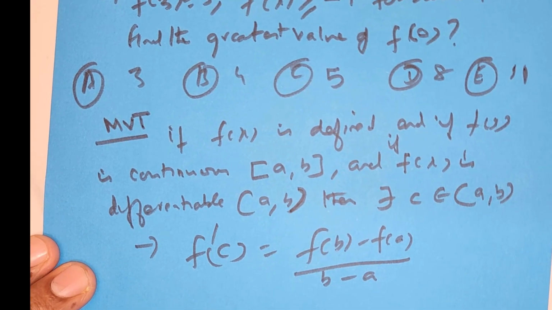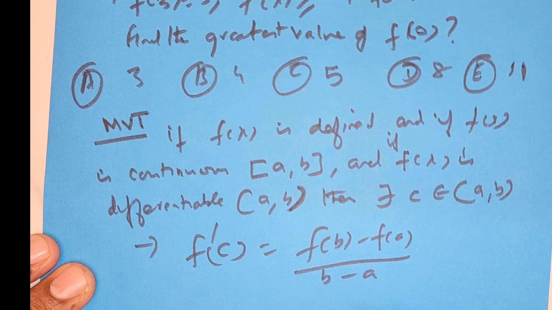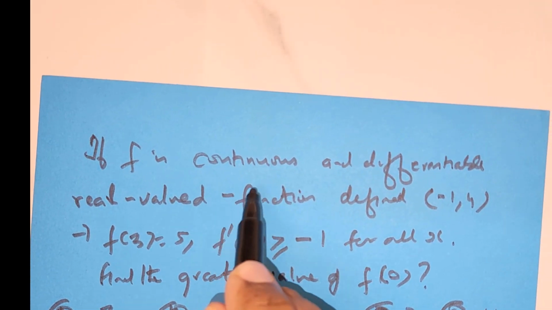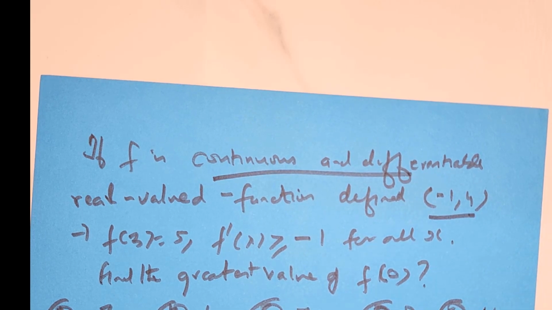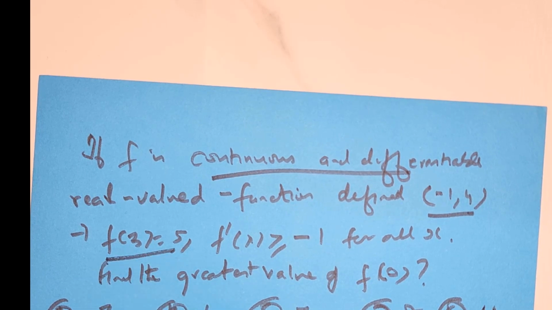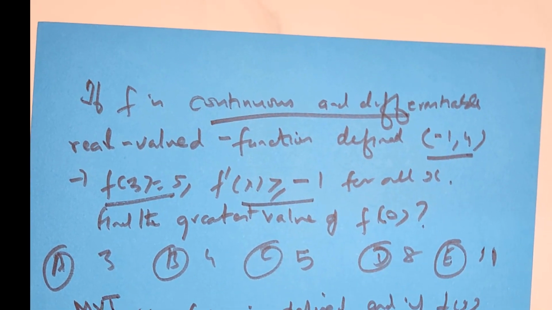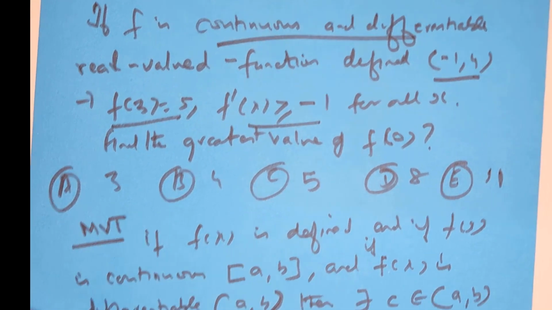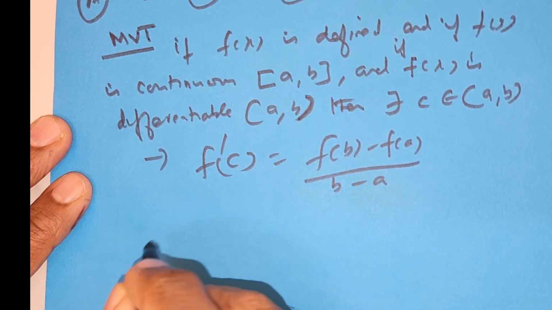Okay, having mentioned all this, why do we need the mean value theorem's support? Because we are talking about a function which is continuous and differentiable in the interval -1, 4, and f of 3 is given as 5 and f dash of x is given as greater than or equal to -1. So we have to transfer this statement for this function.